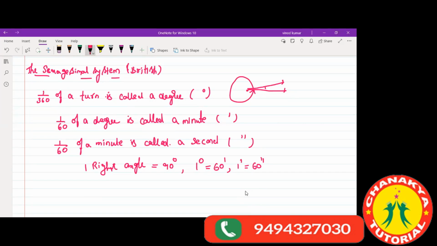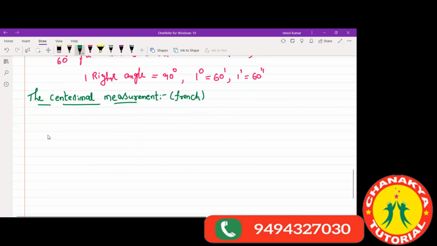That's enough. Next, the next system is the centesimal system. Centesimal measurement, or the French system. Here, instead of 1 by 360, it is 1 by 400 of a turn. Cent means 100.